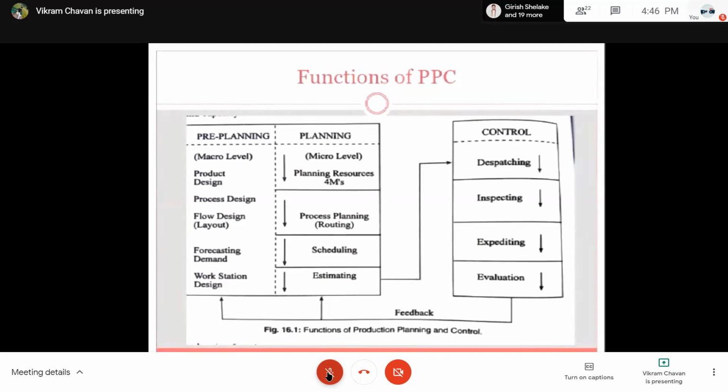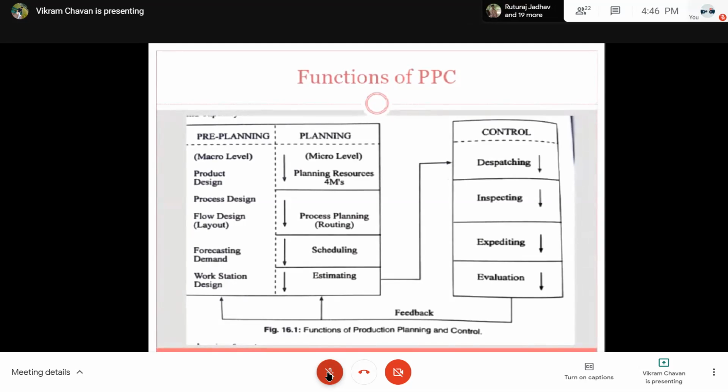All these concerns will be collected, and pre-planning will be done for that production. So pre-planning is macro level planning. It shortly describes the project, just hitting the highlights of the project.